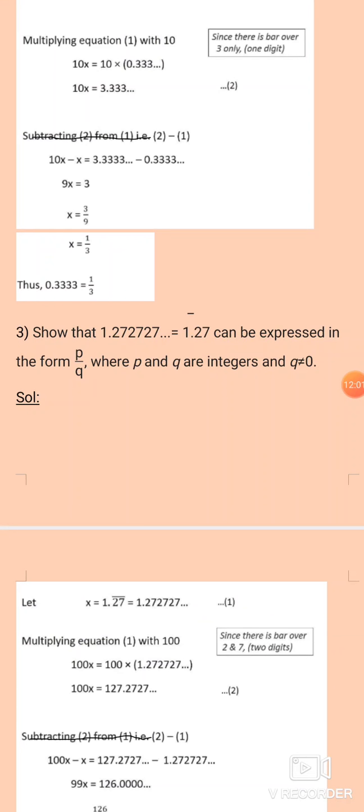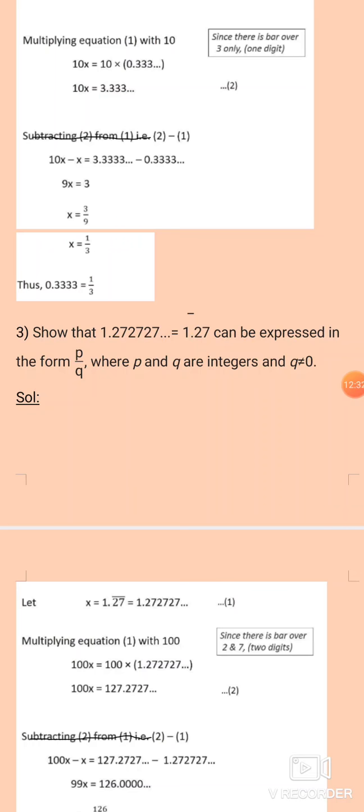Now listen here, 27 bar is there. Two numbers are repeating, 27, 27 etc. So to change the two repeating numbers into the whole number part, we need to multiply by 100. So 100 into x becomes 100 into 1.2727 etc. That is 100x is equal to 127.2727 etc. Put equation number 2.